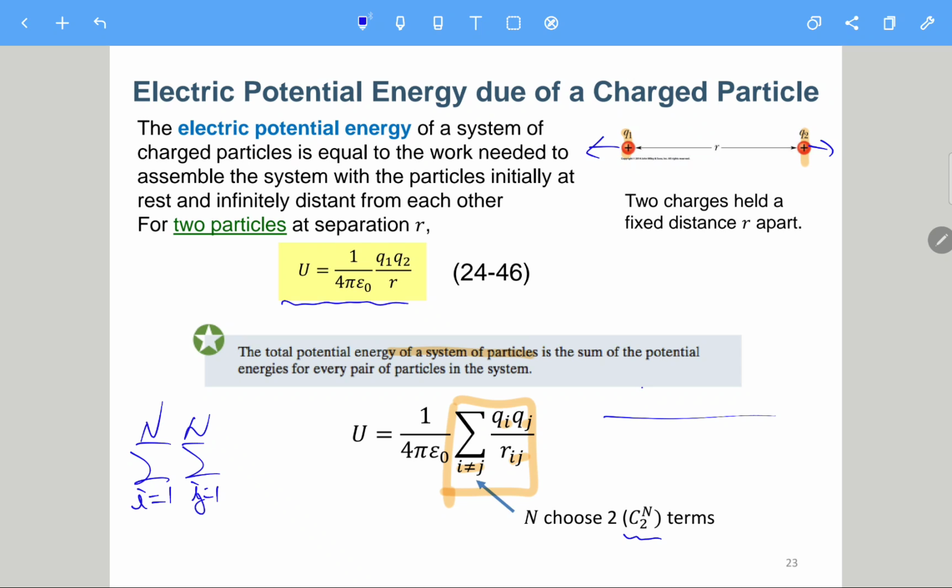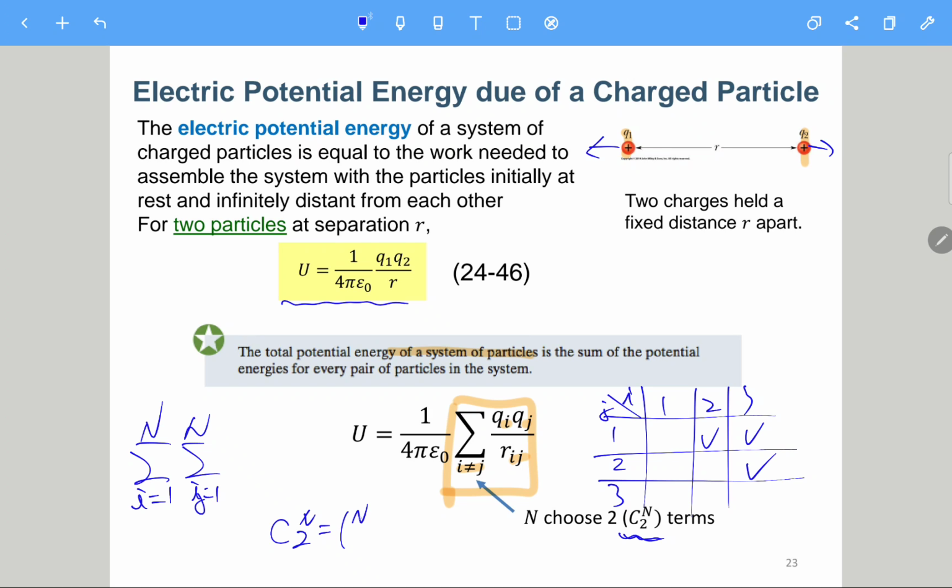It's just like if we have i and j to be 1, 2, and 3, then we only count 1, 2; 1, 3; and 2, 3. So this is NC2 terms, or some books will write it as n times n minus 1 over 2. So we have quite a lot of terms there if n becomes large.